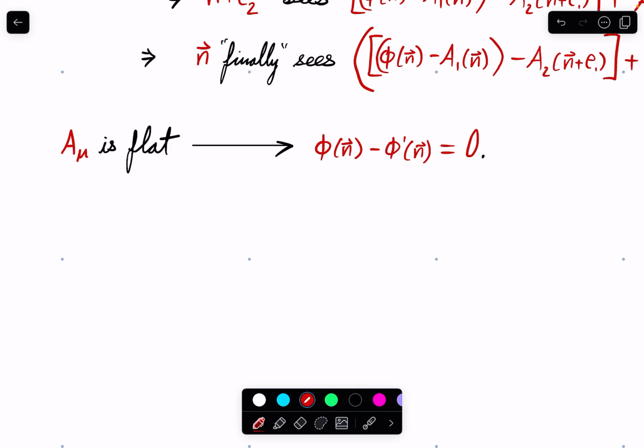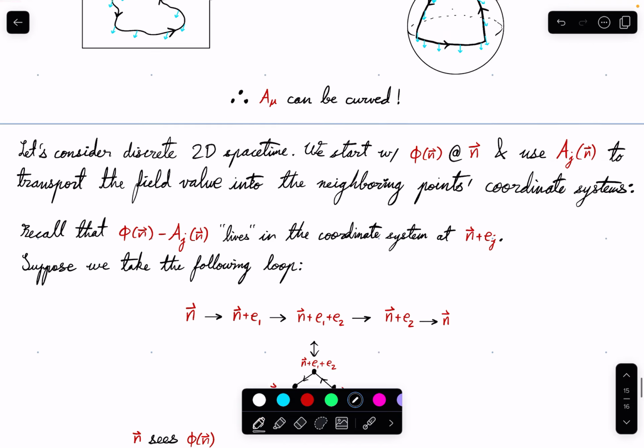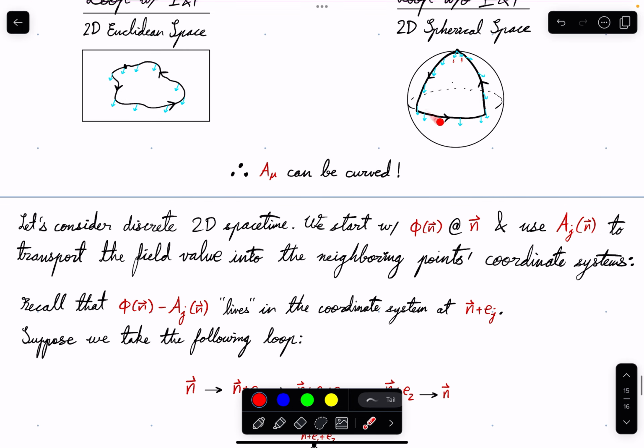And then if it is curved, then the difference between these two values is not equal to 0. It's a non-zero value, which makes sense because that's what we had here.